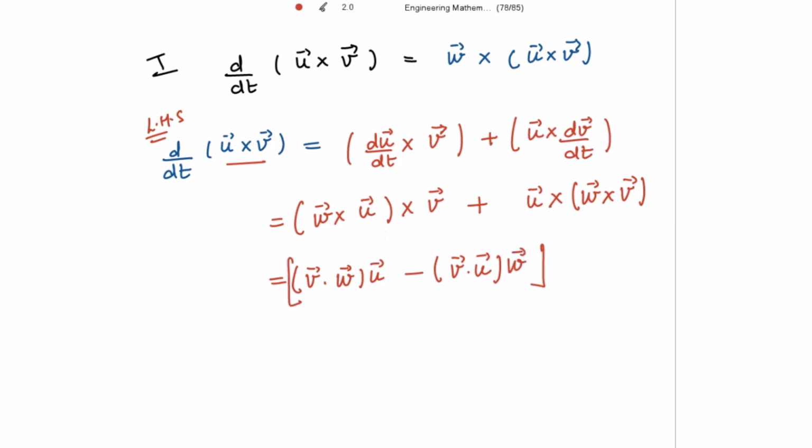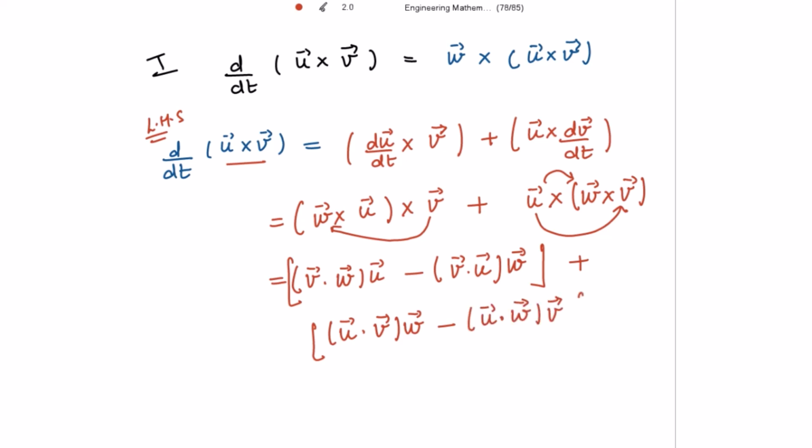Similarly, applying the formula on the second one also. When started with v, we have taken the dot product with the far one vector, right? So when starting with u, take the dot product with the far one first. So taking the dot product of u with v and multiplied with the remaining one, w, minus taking the dot product of u with w and multiplied with the remaining one.